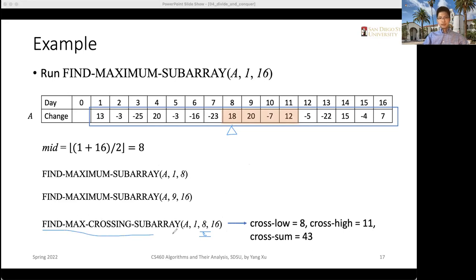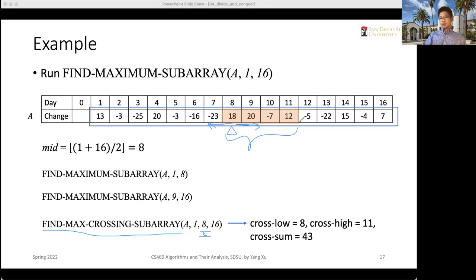This max crossing subarray basically scans from the mid to the right, and scans from the mid to the left. So basically, it finds that the maximum subarray in this case is this segment from elements 18, 20, -7, and 12, right?